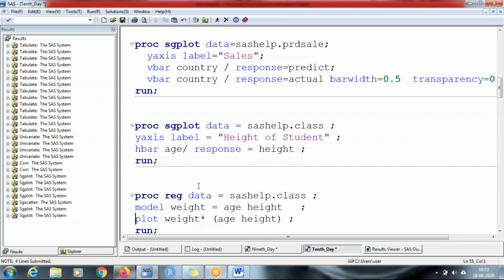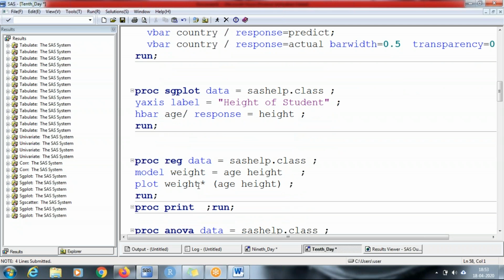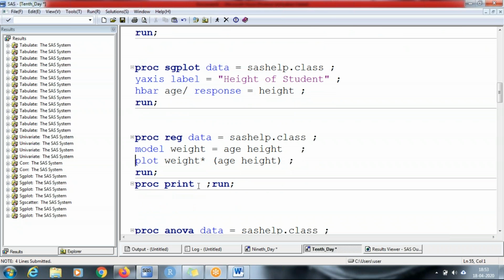Yeah. Now let's come to another procedure. After correlation, we always talk about regression, right? So I'm using the same data. Now I'm saying that my model is weight is equal to age and height.